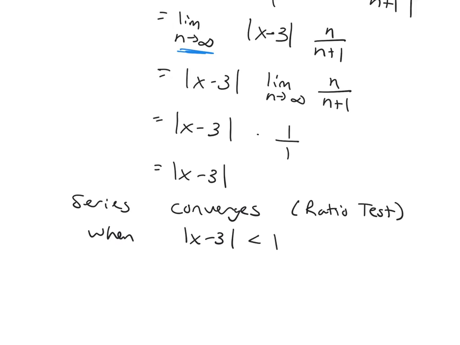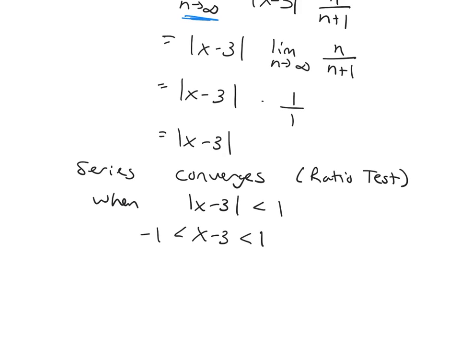So now we need to solve an inequality. If the absolute value of x minus 3 is less than 1, this should be a number between -1 and 1. And then you can treat this just like an equation. Add 3, 2.